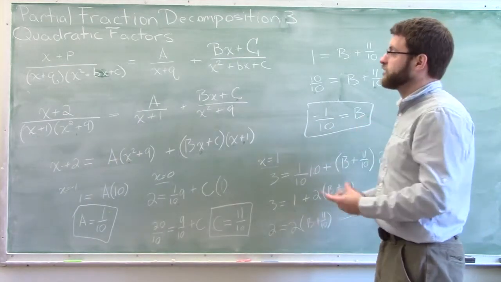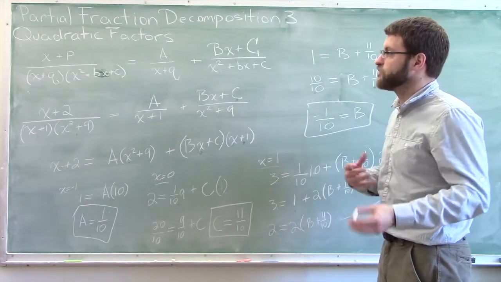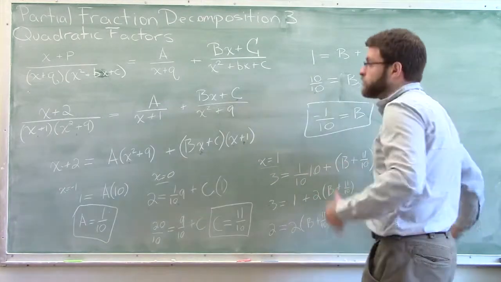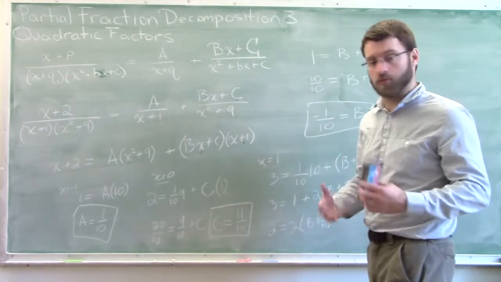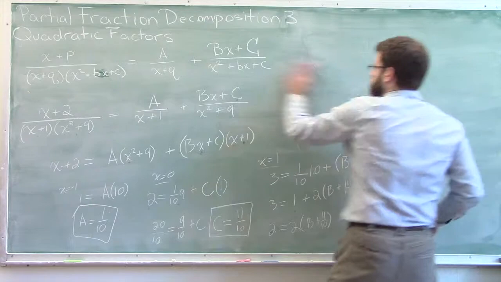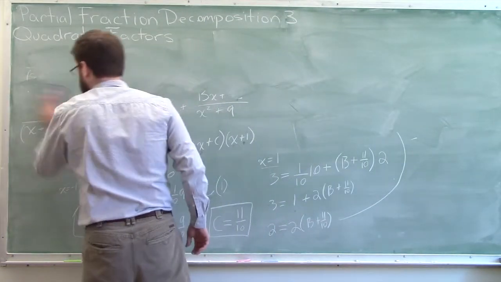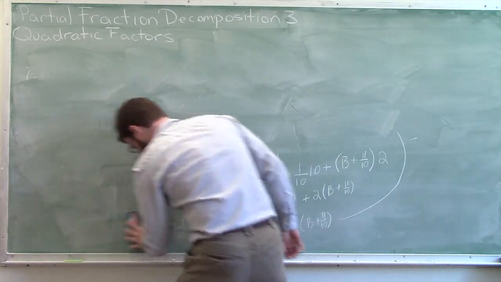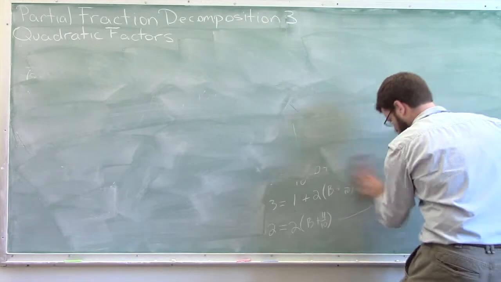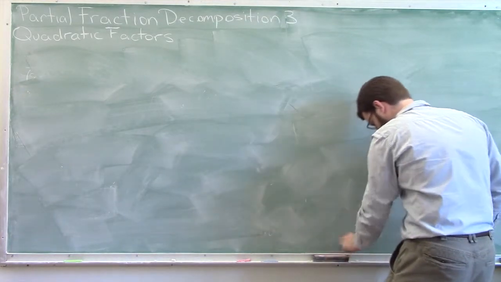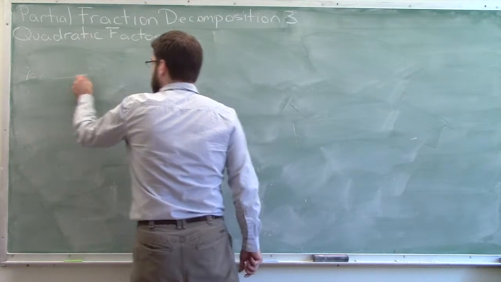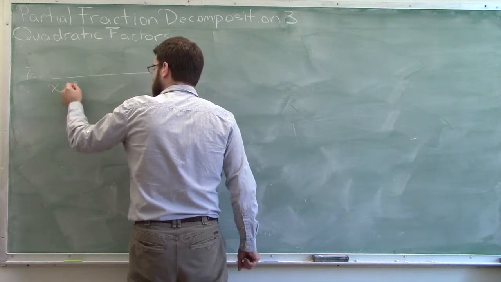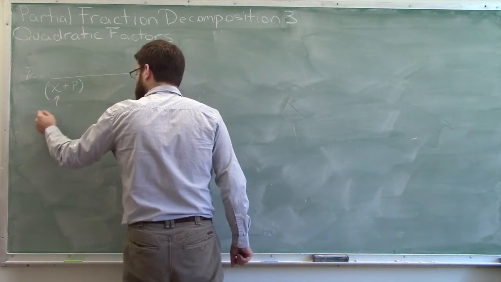So this basically completes all of the different possibilities that you might see in the denominator when you're trying to do a partial fraction decomposition. Let me wrap it up by reminding you of what those possibilities are. So when you have a rational expression, you might see things that look like linear factors.